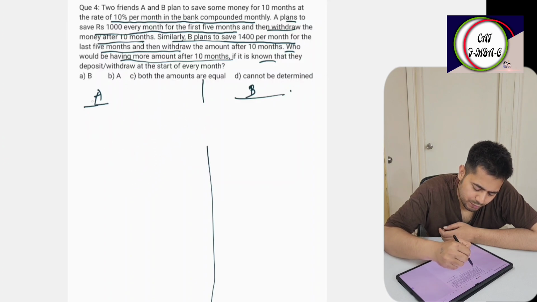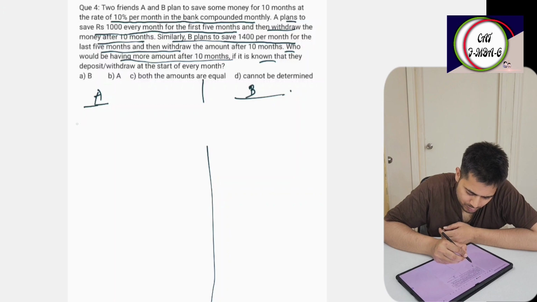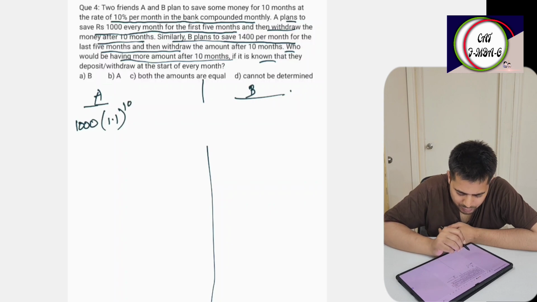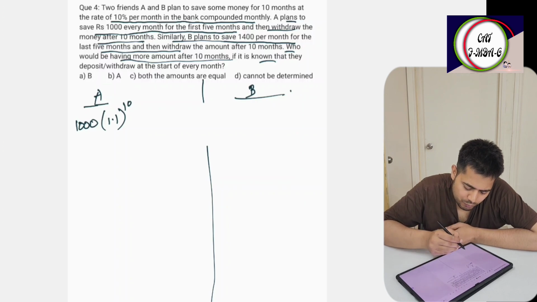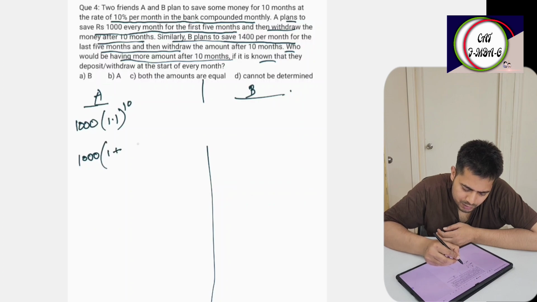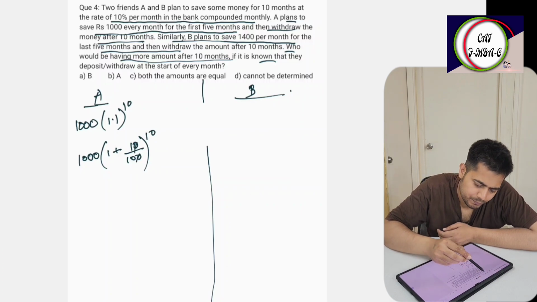So what we will do is, 1000 rupees into 1.1 to the power 10. This is for the first 1000 rupees he has submitted. Why? Because P dash is equal to P into 1 plus R by 100 to the power T. So 1.1 to the power 10. Okay.